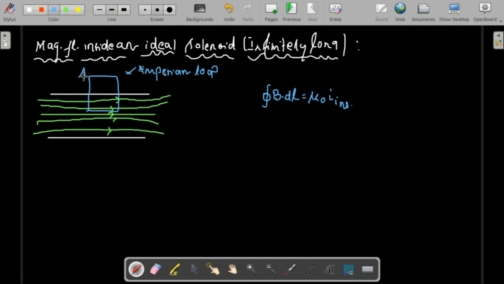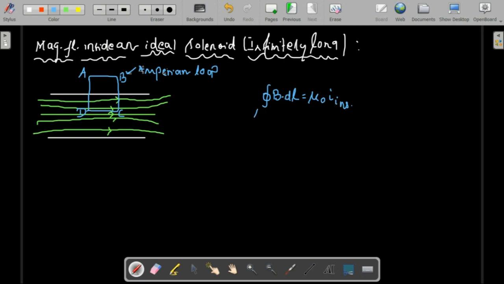So let's mark this loop as A, B, C, D. Okay, so we need the direction of the magnetic field and the direction of the length that we are considering, so that we can find out what is the mu naught I value, right?